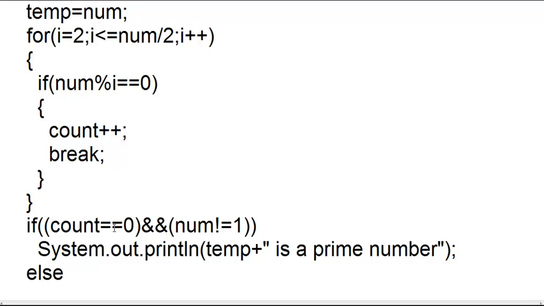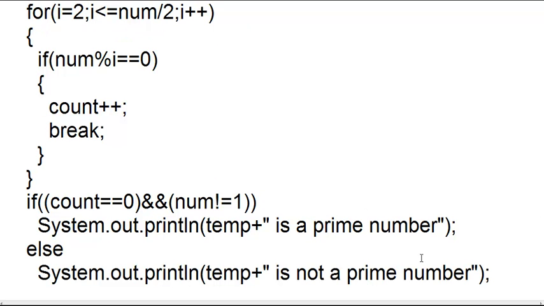If it is changed, then the else part will be executed where the number is not prime will be printed. If it is equal to 0, then it means that no other value is a divisor of the number and hence the count value was not incremented at all. So that is why the value of count is still 0 and the statement this number is a prime number will be printed in the output screen.